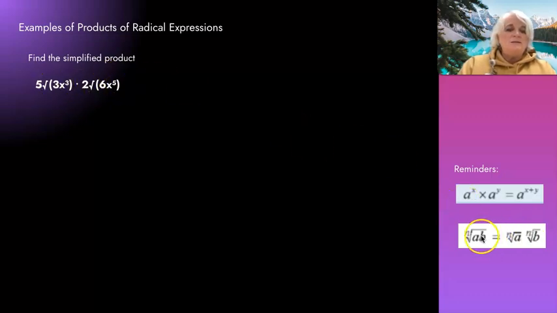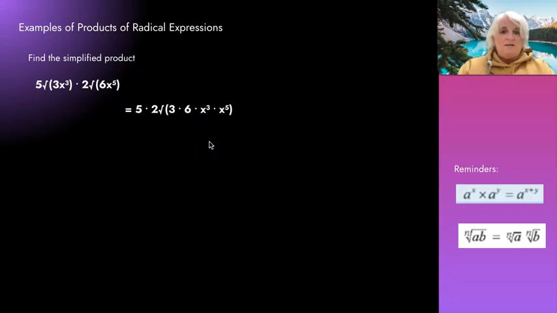So I'm using this one backwards. So I have the 3 times the 6, and then x cubed times x to the 5th. That's what I did: I took 5 times 2 on the outside, and then I combined the inside as 3 times 6 times x cubed times x to the 5th.